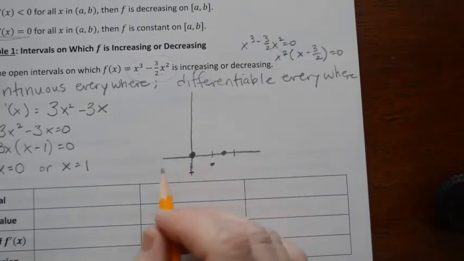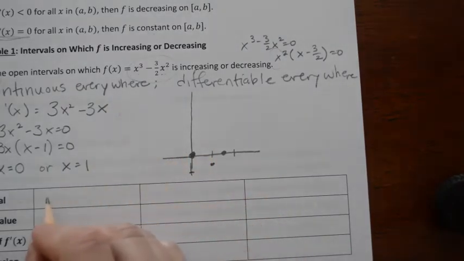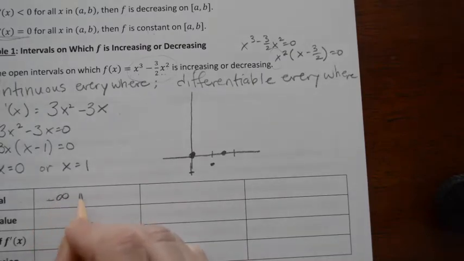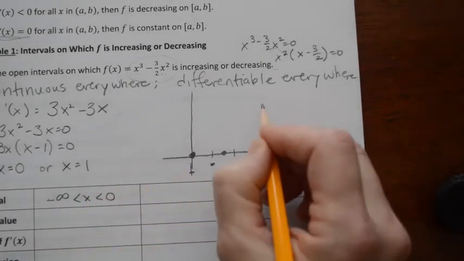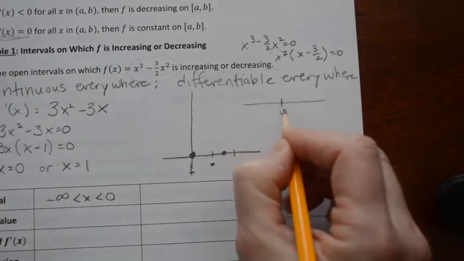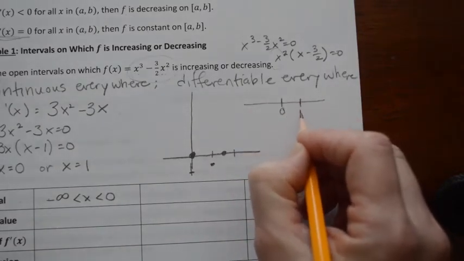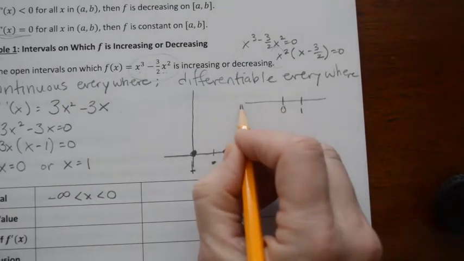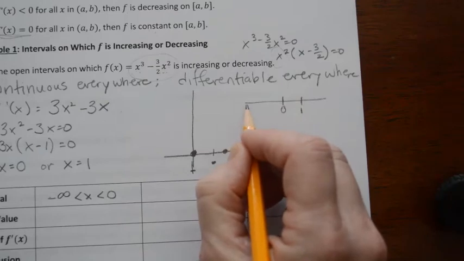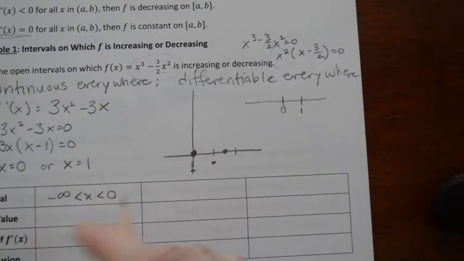The interval that I'm going to set up is one that goes from negative infinity to 0, because if we're thinking about this on a number line, something interesting happens at 0 from a derivative perspective, and something interesting happens at 1 from a derivative perspective. So that means that everything to the left of 0 should just be exactly the same, because it doesn't ever turn from positive to negative or negative to positive.